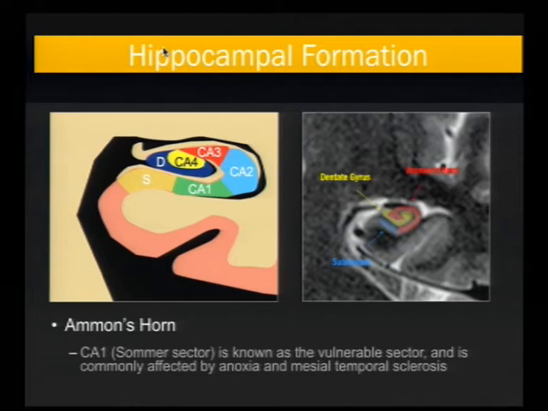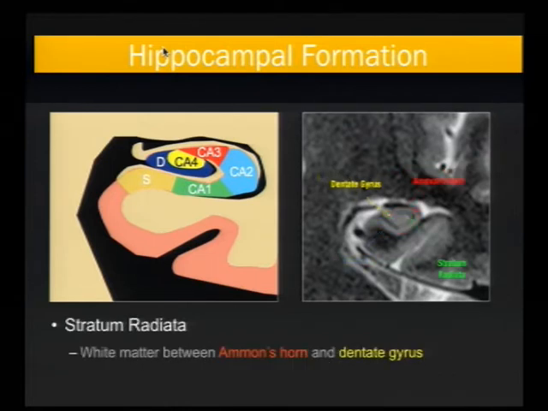CA3 and CA2 are relatively resistant to MTS. Then we have this black white matter band, which separates the dentate gyrus from the Ammon's horn. This is called the zona granulosa, stratum radiata. This you should try to see on imaging. In cases of mesial temporal sclerosis, this hypo-intense band on T2 weighted images is lost.